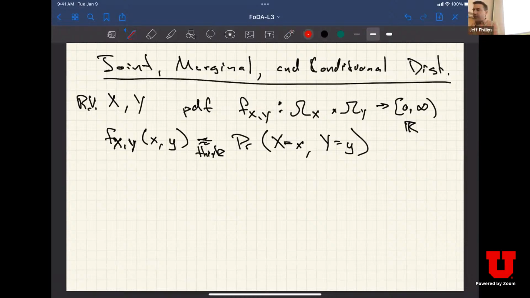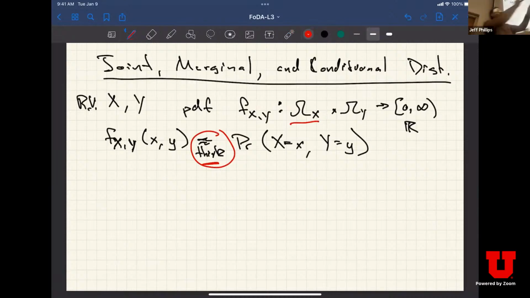So the first one is the sample space of x, that's the omega. Okay. This is not really an equality here for continuous things. This is the way to think about it, but it's not an actual equality. Don't write an equality down.